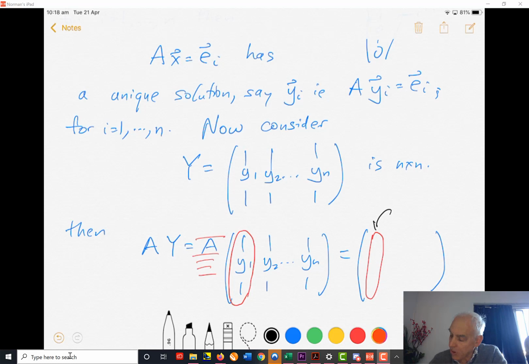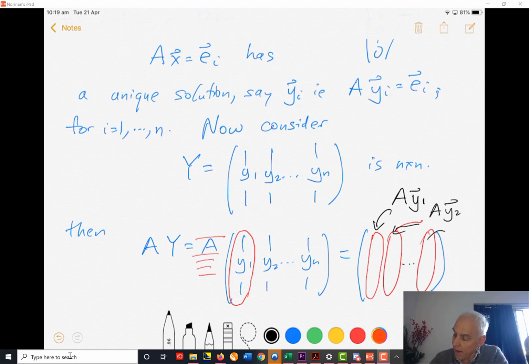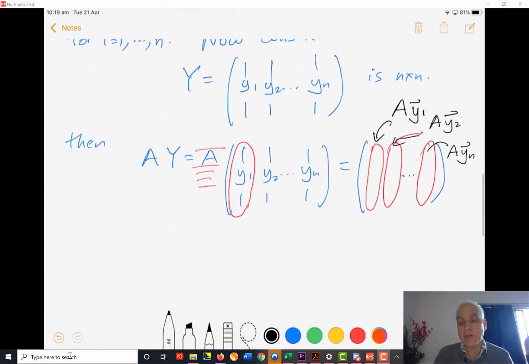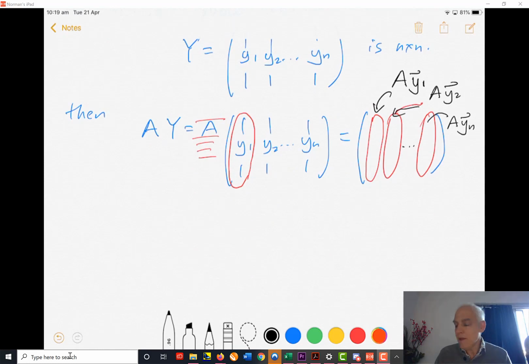And this next column is A times Y2, all the way up to the last column, which is A times Yn. That's the way matrix multiplication works. But we've arranged that A times Y1 is E1, which is the vector 1, 0, 0, all the way down.